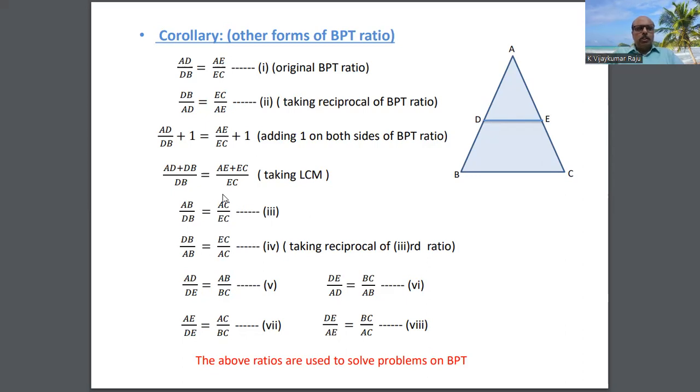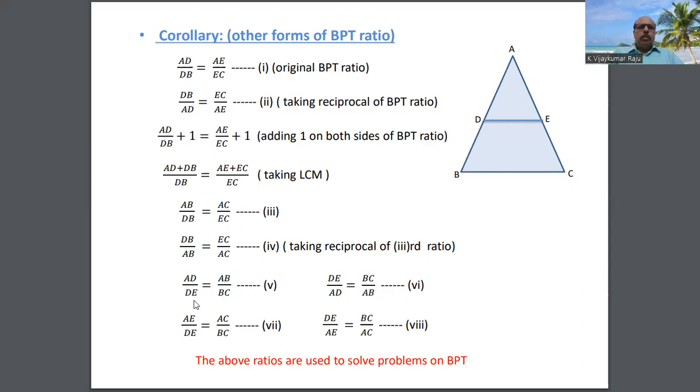Let us take the reciprocal of this third form. You get DB upon AB is equal to EC upon AC. This is your fourth form. Now let us consider the parallel lines. When you take the upper triangle, that is ADE, AD upon DE must be equal to the full triangle, that is AB upon BC.